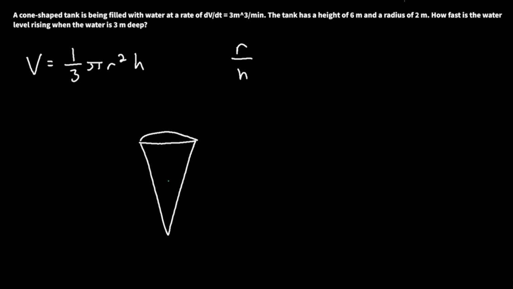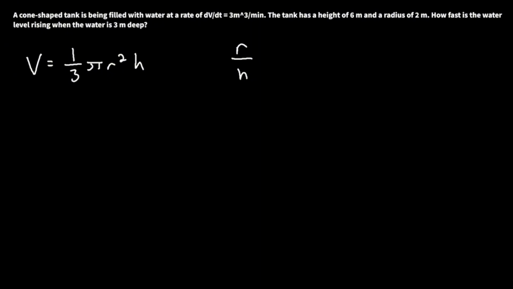The radius of this cone from here to here, and the height from that radius, let's say this is r and this is h, is equal to, if the height was up here and the radius was over here. So these two ratios, r over h for red, right, and r over h for the green, maintain the same ratio. So the ratio between the height and the radius always stays the same.